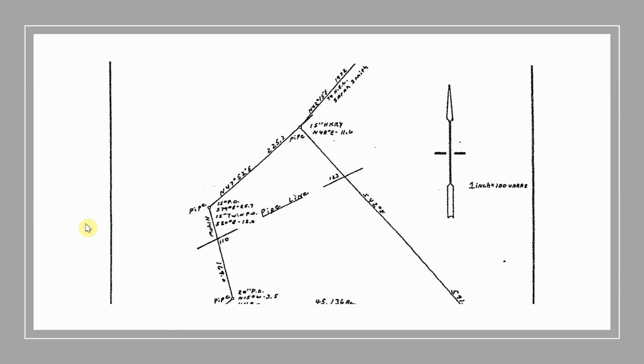So it was a hand-drawn plat, so it's still drafting by hand at this time. So it's going to be handwritten. You have to make sure that you are certain of any data that you transcribe from here. Make sure that these distances that you're reading, you're reading the right number.